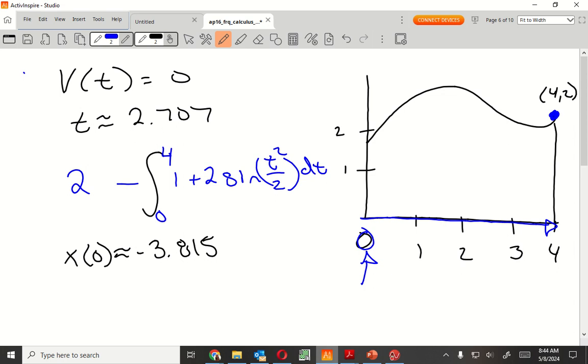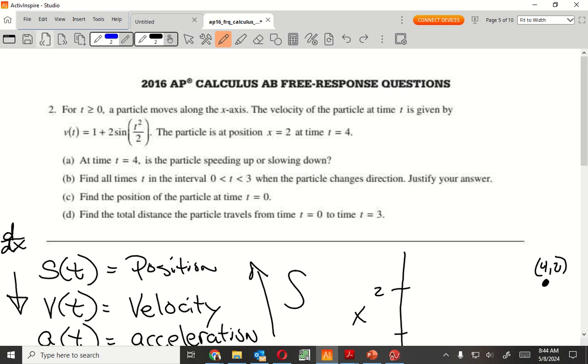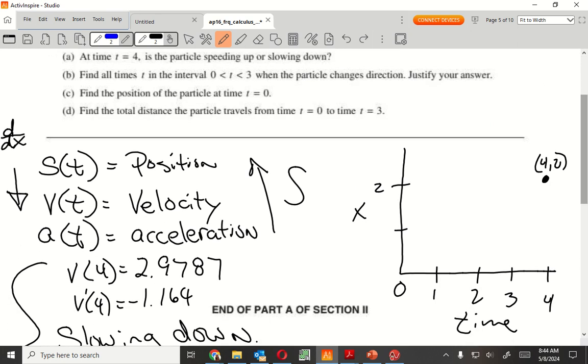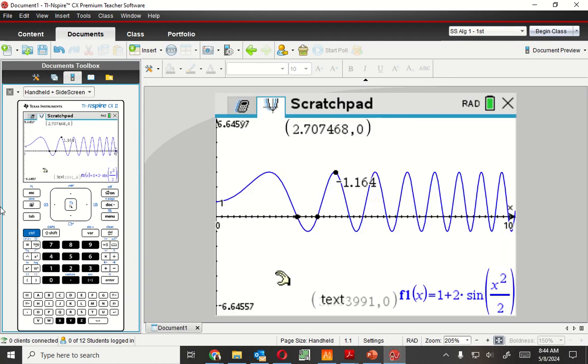And now my last one that I have is part D. Find the total distance. Now, with the velocity, is it going forward and backward? So yes, it is going forward and backwards. But again, we have Denny. He's driving through that school zone.